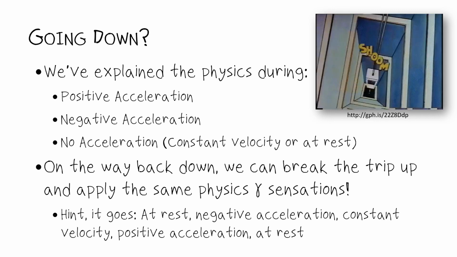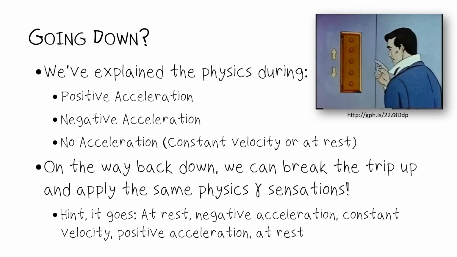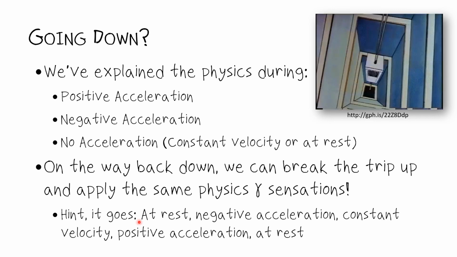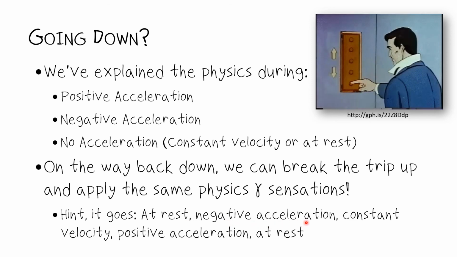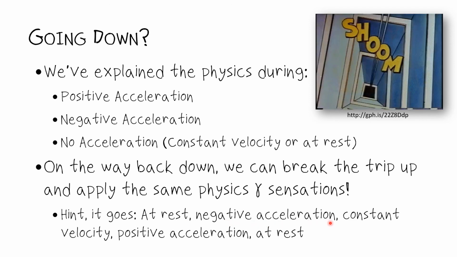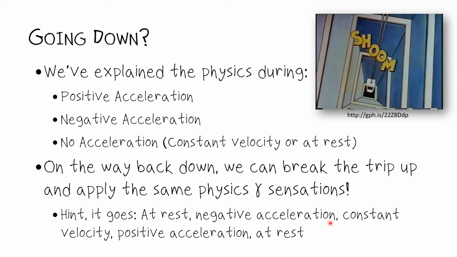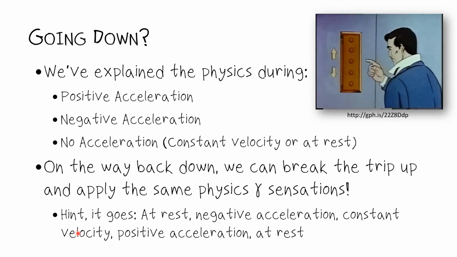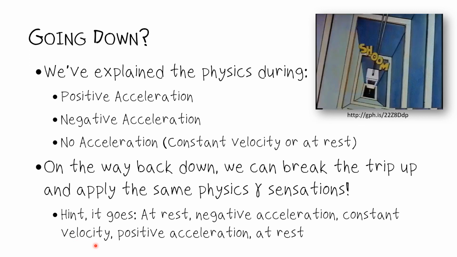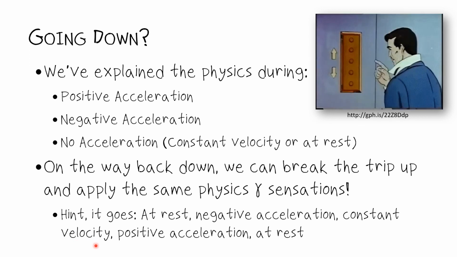So here's a quick hint if you're being asked to do this on your own, and you're starting on the 28th floor and working your way down. You're starting at rest. As the elevator starts to move down, you're speeding up in the negative direction. Speeding up in the negative direction is going to require you to have a negative acceleration. Once you've reached a certain velocity going down, you're going to have a constant negative velocity.